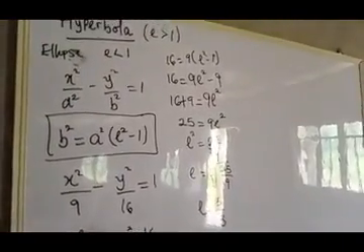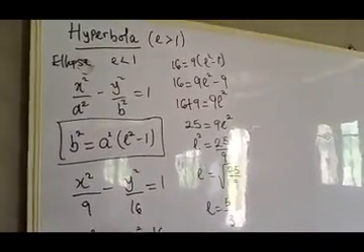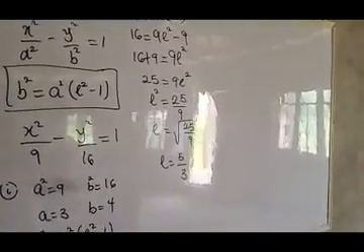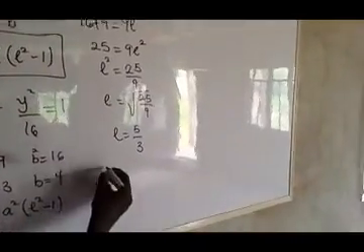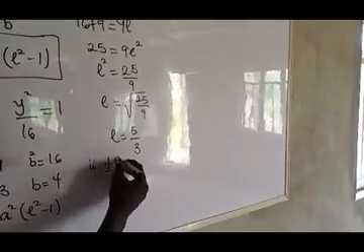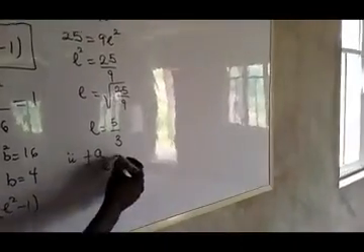The next thing I need to get is the coordinate foci. I'm sure you remember the formula for the coordinate foci. The formula is plus or minus a over e. What's your a?